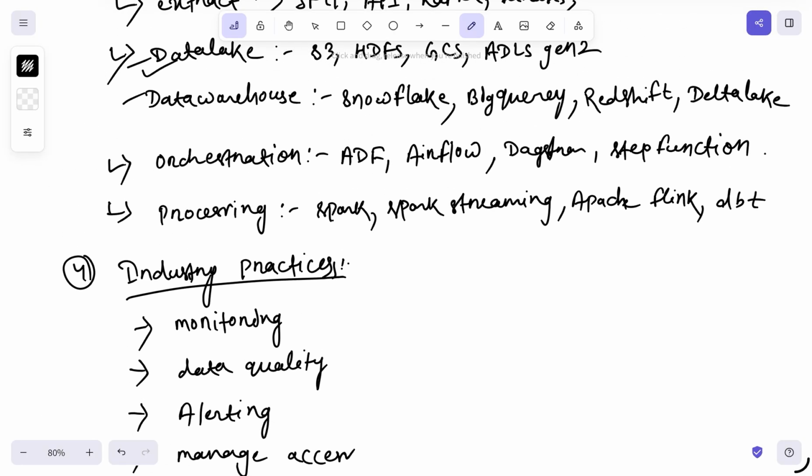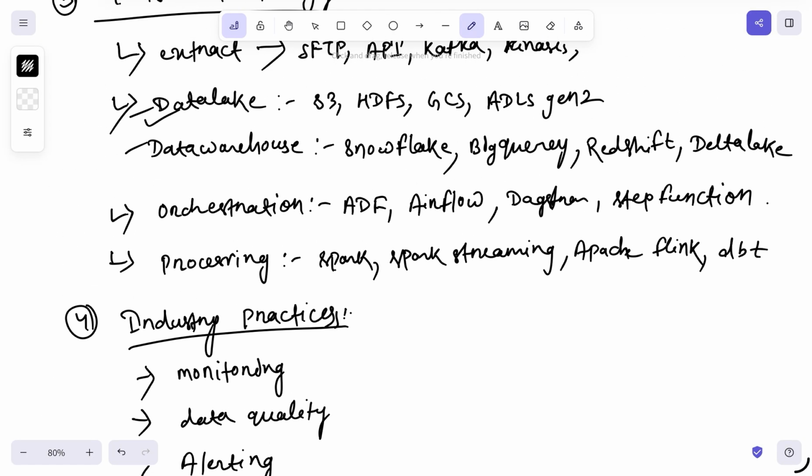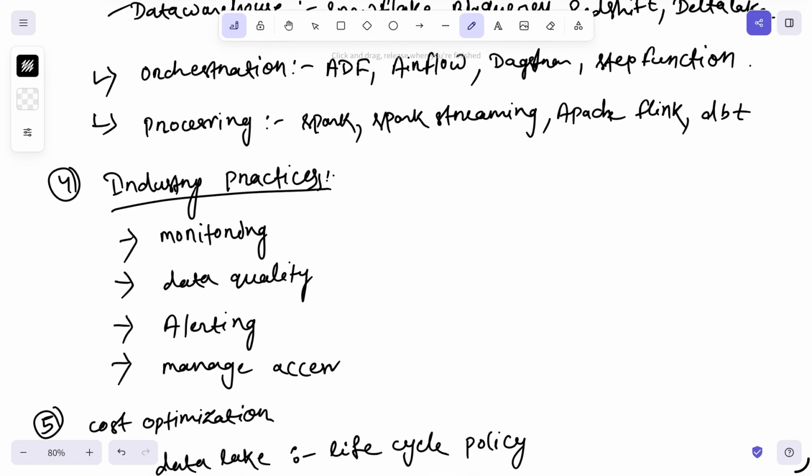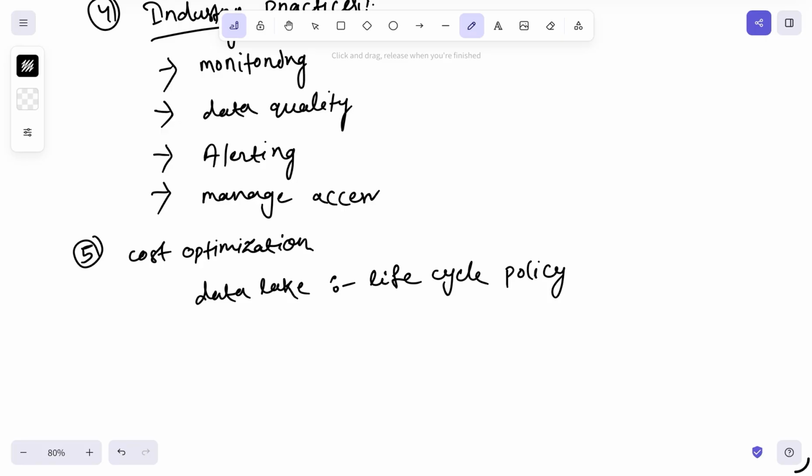Also for data warehouses, like Snowflake, Redshift, and BigQuery, we have some optimization techniques that you can use.